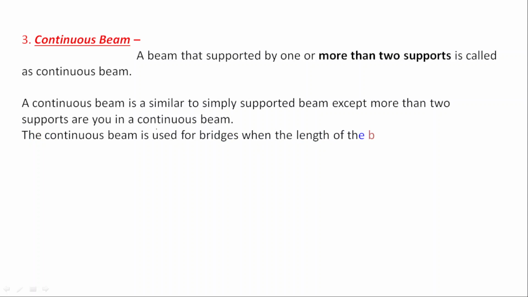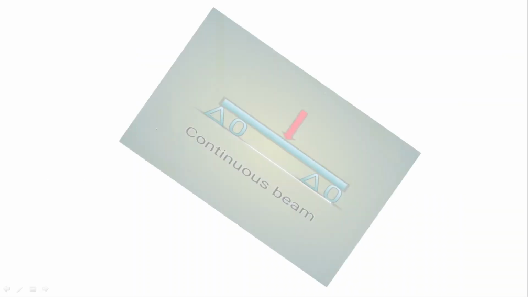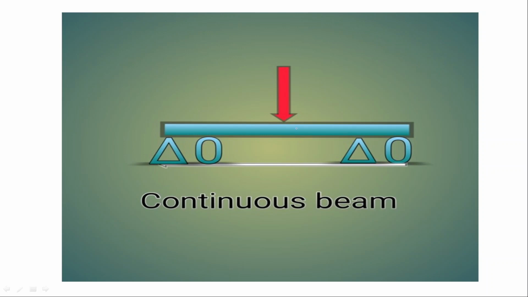The continuous beam is used for bridges when the length of the bridge is too large. One end may be simply supported and another end roller or hinge supported. Yes, this is the picture of the continuous beam.